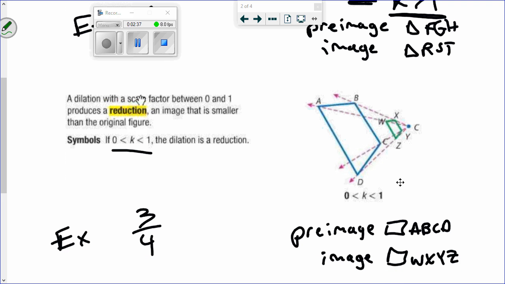Again, for it to be a reduction, the scale factor has to be between 0 and 1. Examples of that would be 3/4, 1/2, 5/6. Those are all between 0 and 1. So: enlargement, scale factor greater than 1. Reduction, scale factor between 0 and 1.